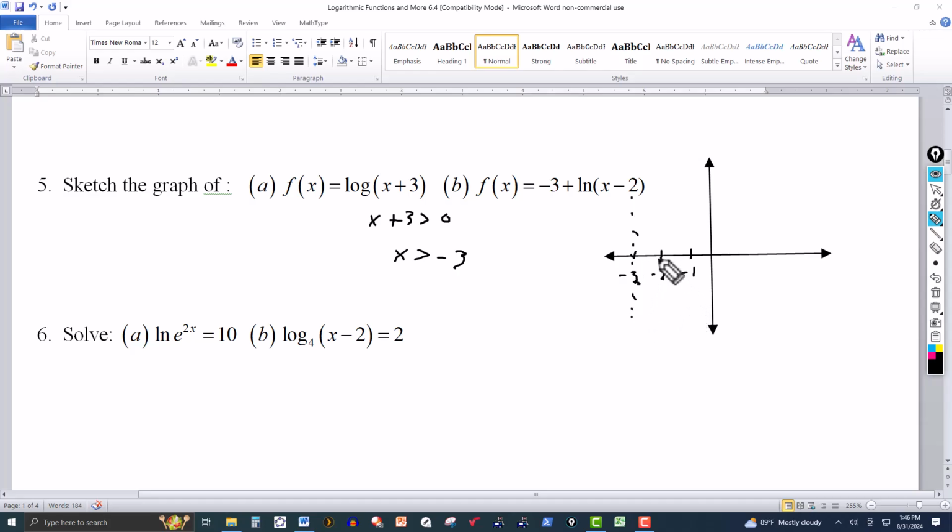And notice that -2 and 3 is a 1. The log of 1 to base 10 is 0 because 10 to the 0 is 1.